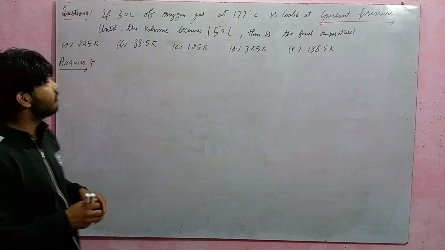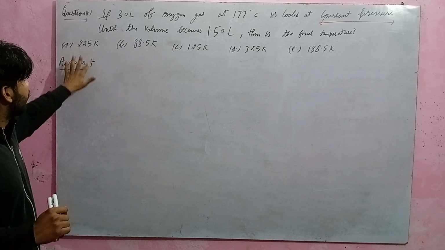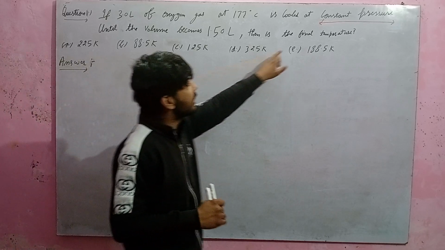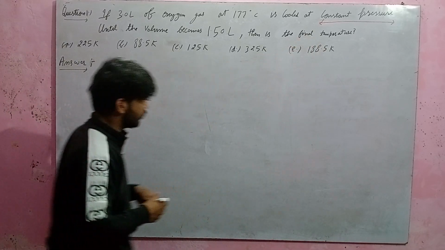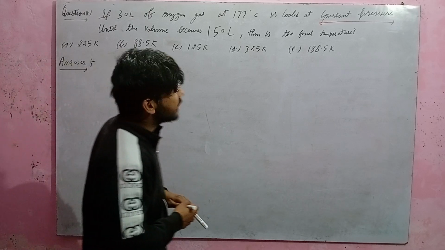Okay, I think now I can understand the question completely. Now we should calculate the value of the final temperature of the gas. Firstly, we should write all the things which are given in the question.